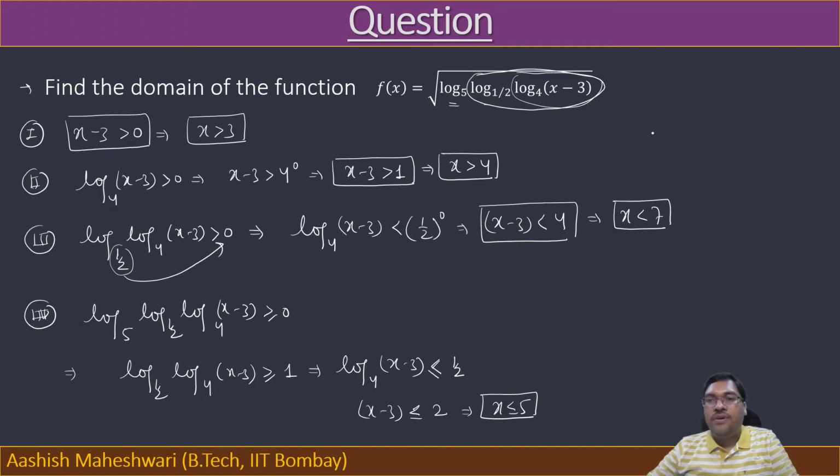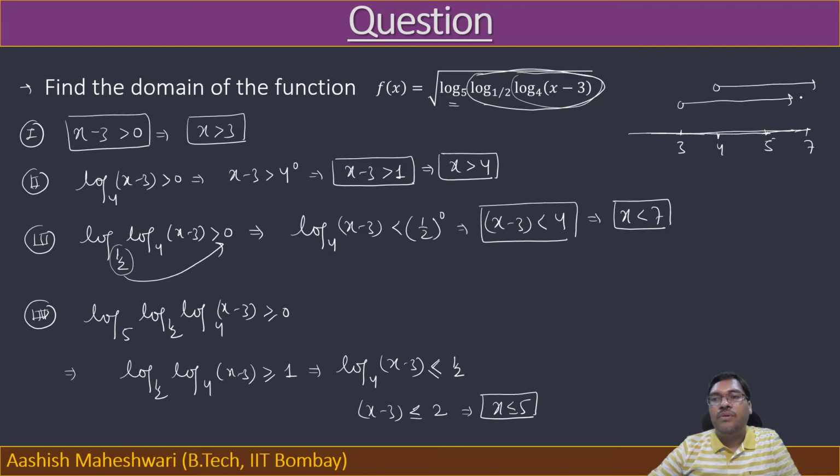Let me check the intersection of all the 4: this is 3, 4, 5 and 7. x is greater than 3, x is greater than 4, x is less than 7, and x is less than or equal to 5.